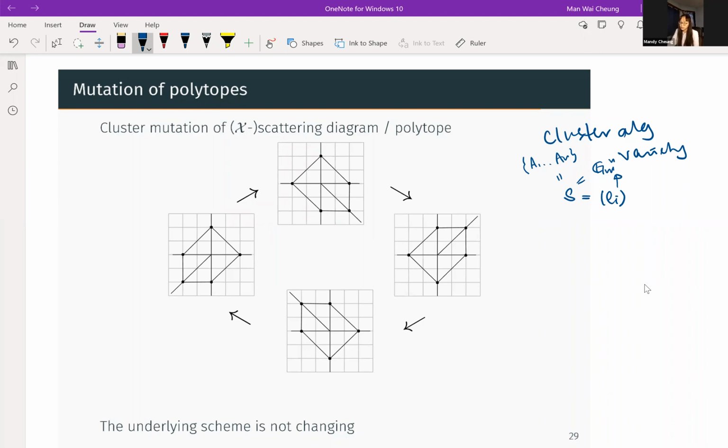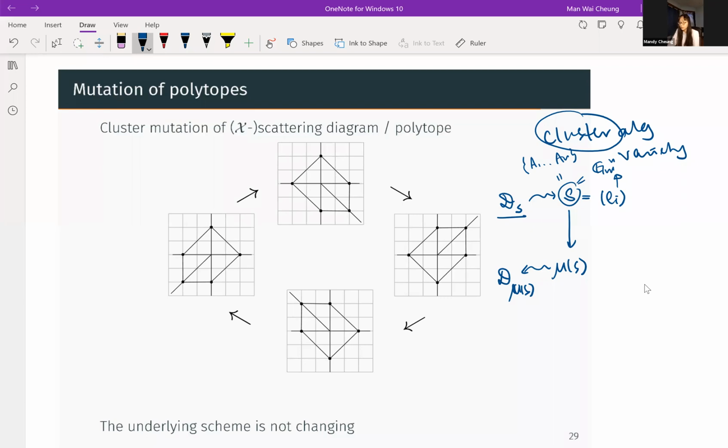And then here in the Cluster world, with a seed, we always have this mutation step to get another seed. So the setup of how we get the scattering diagram is, given a seed, we associate a scattering diagram to it. In the development, in the work of Gross-Hacking-Keel-Kontsevich, given a seed, we define this scattering diagram.